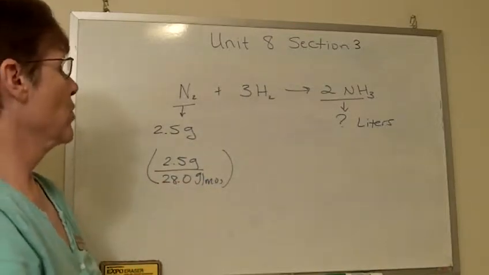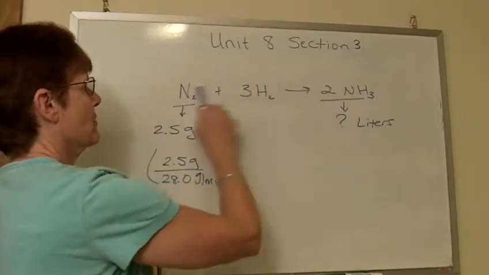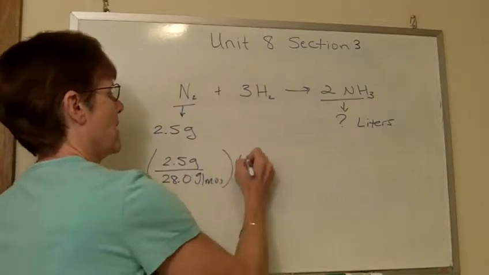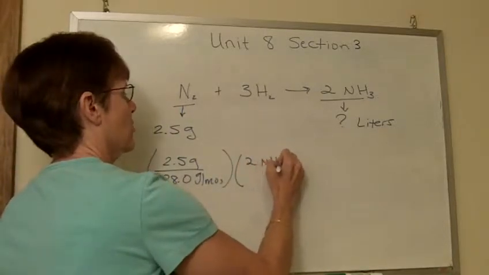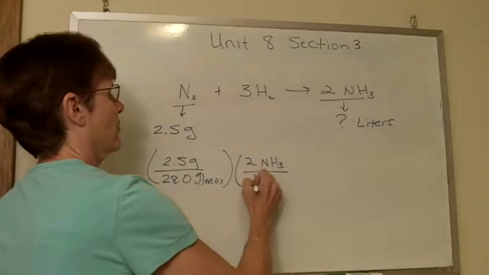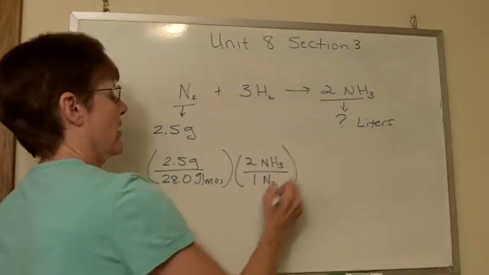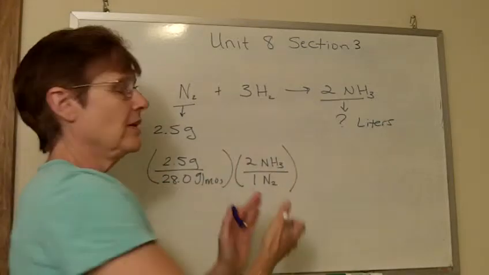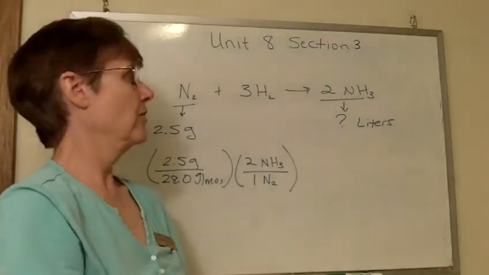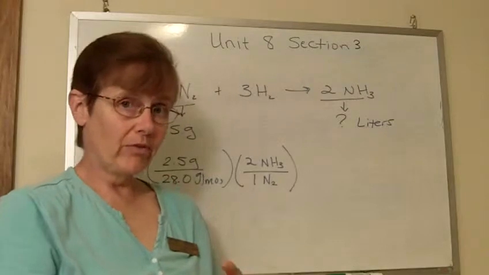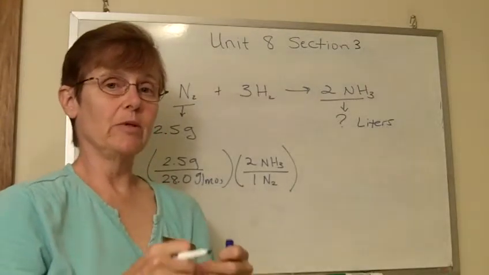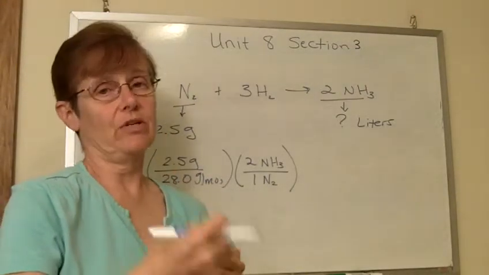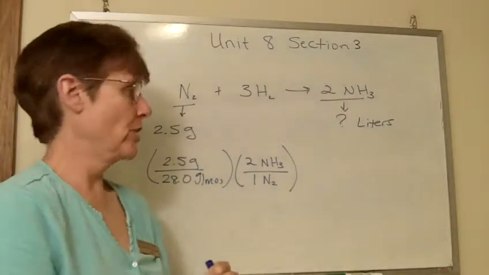Now we need to do our mole ratio. We'll get 2 of these for every one of those. So 2 NH3 are produced for every 1 nitrogen molecule that's used. So up to this point, I would have moles of NH3. The problem, however, has asked me if I would please present that as liters of NH3 at standard temperature and pressure.